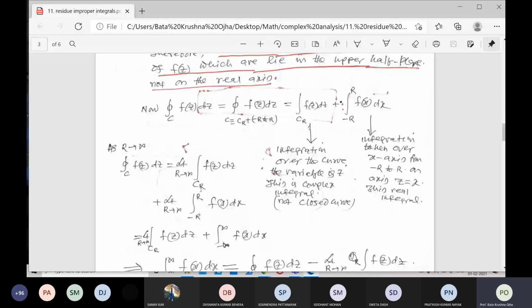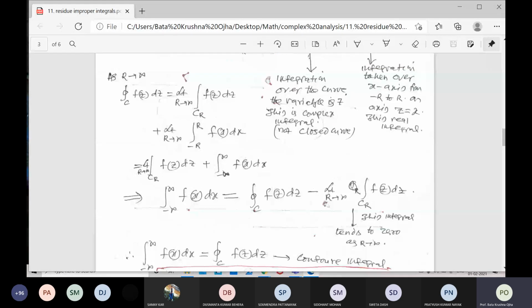If you take the minus infinity to infinity integral on one side and the rest of the terms on the other side, you will see that the integral from minus infinity to plus infinity of f(x) dx is equal to the integral over the closed curve of f(z) dz minus the limit as R tends to infinity of the integral over C_R of f(z) dz.